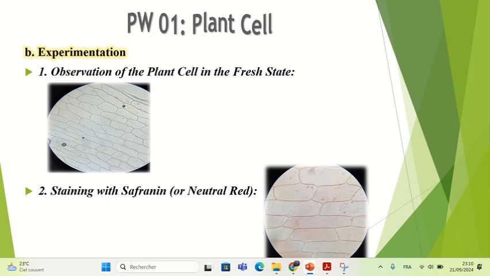About experimentation, the first is the observation of the plant cell in the fresh state. There is the observation in the optical microscope. The second one is the observation after staining with safranin or neutral red.